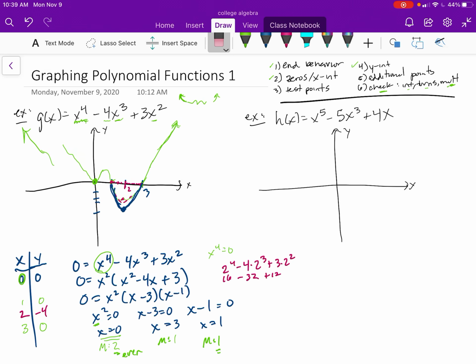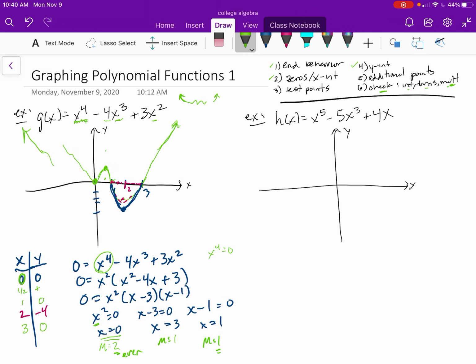All right. So because I said I will show you how to do a table of values, we'll actually use GeoGebra. I'm not going to get this exact value for a half. I'll just for now say that I know it's going to be positive because I pre-checked this. Okay, so I don't know where it's at.